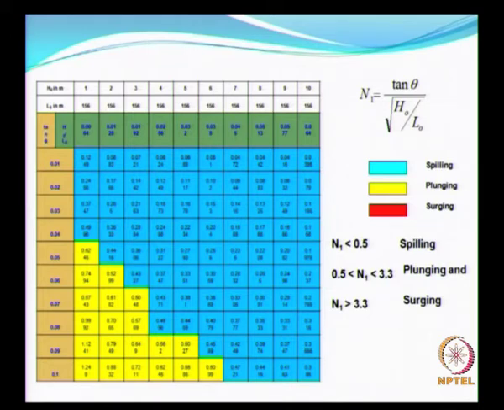So, if you look at this table, what we have done here is we have assumed the deep water wave height as 1 to 10 meters in intervals of 1 meter, and we have assumed the beach slope here, tan beta in orange color, as you can see here, from 0.01 to 0.1 in steps of 0.01, and then here the green color, the values given here is the variation that we have, the values that we have adopted for the deep water wave steepness.